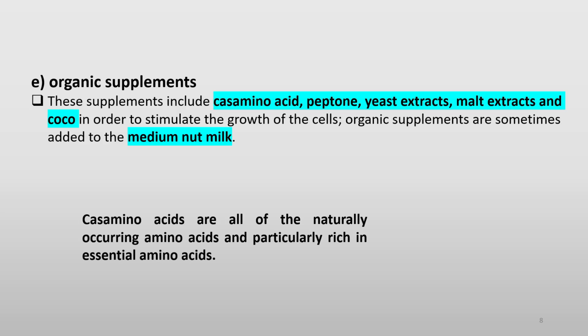Organic supplements. These supplements include casamino acids, which are taken from casein, peptone, yeast extract, malt extract, and coconut milk in order to stimulate the growth of cells.